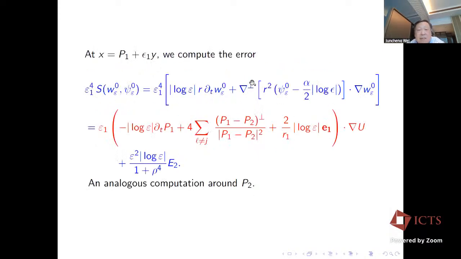You're going to see the error here: this is the vorticity of the ring, P1, which carries a log, and this is the interaction from the two different rings, the capture term.